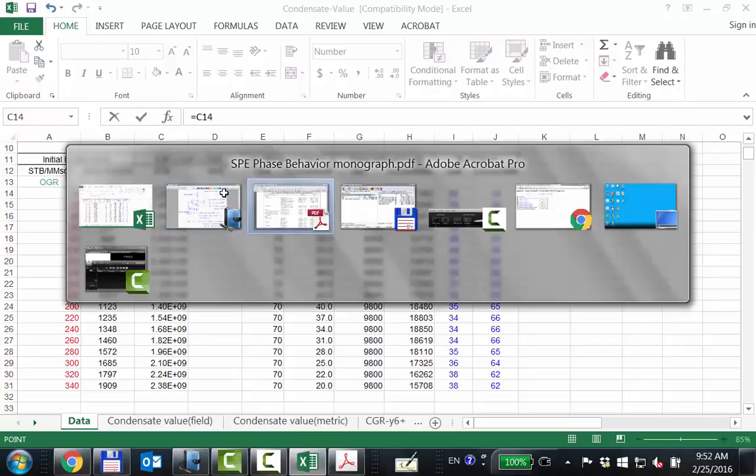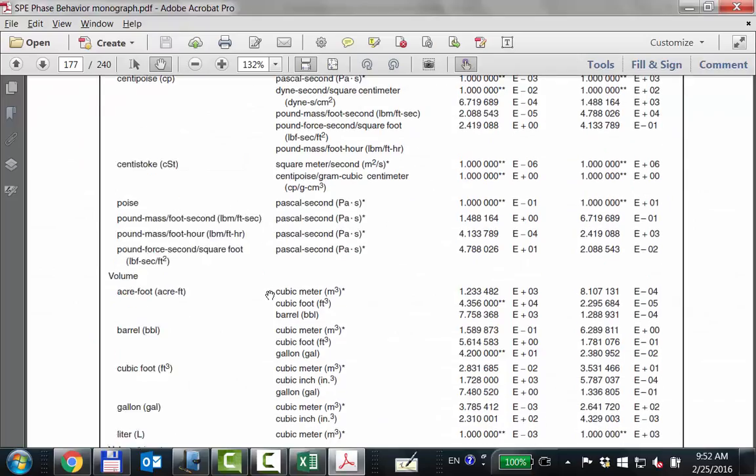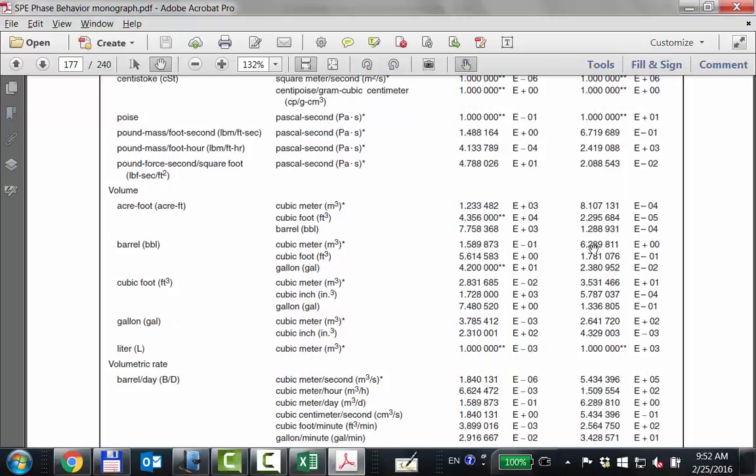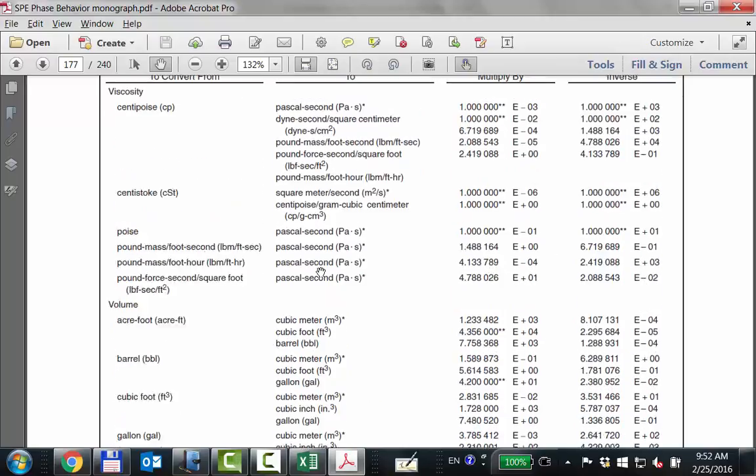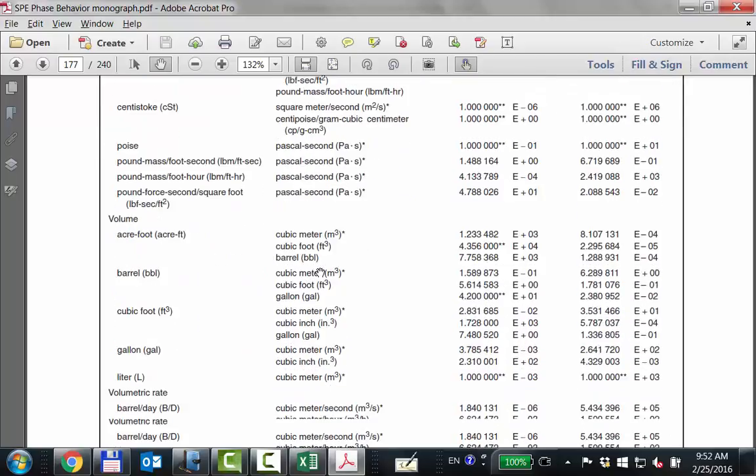Let's go look at the barrels per cubic meter. 6.29. Okay. 6.29.